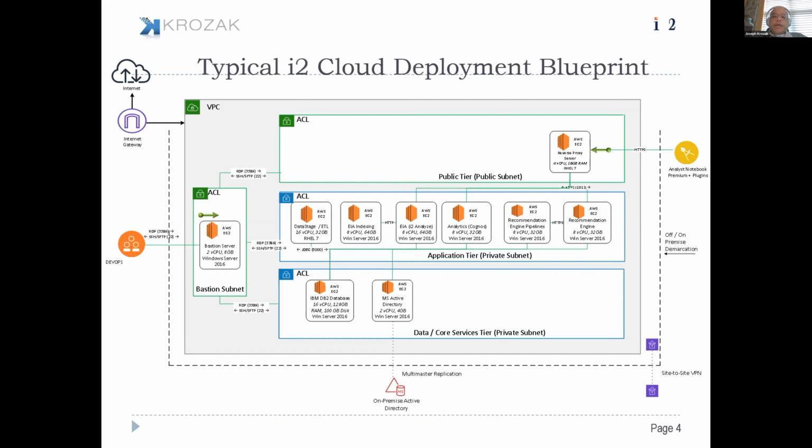So in a typical cloud deployment blueprint for I2, you've got some kind of a virtual private cloud environment, or VPC, and then you'll see along the right-hand side these large rectangles, ACLs, access control lists. You'll see a public tier and an application tier that's private, and a data or core services tier that's private.